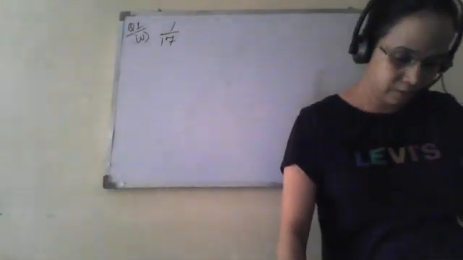Next is 1 upon 17. So for 1 upon 17, you have to divide. It is 1 upon 17.